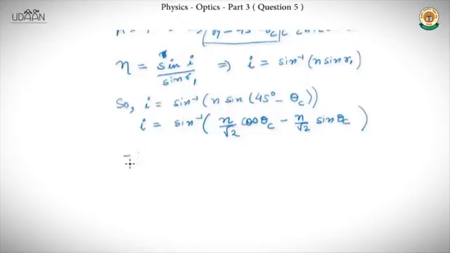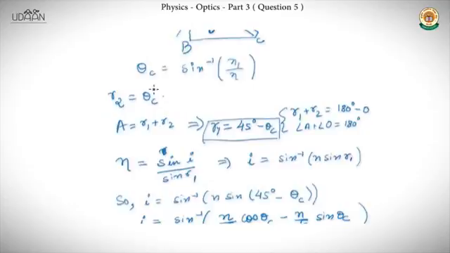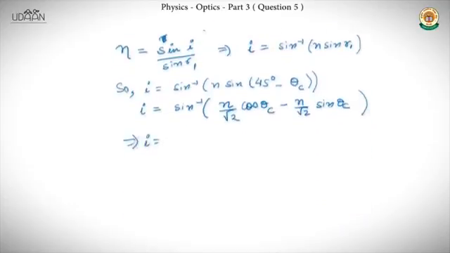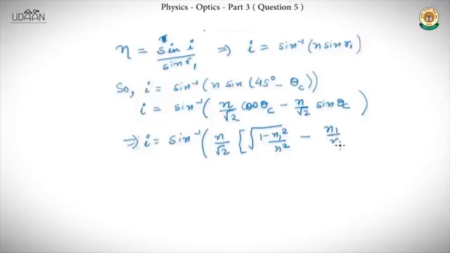Now we plug in the value of theta c. Since sine theta c is n1 by n, we get cos theta c as root under 1 minus n1 square by n square, and we subtract the value of 1 by n.